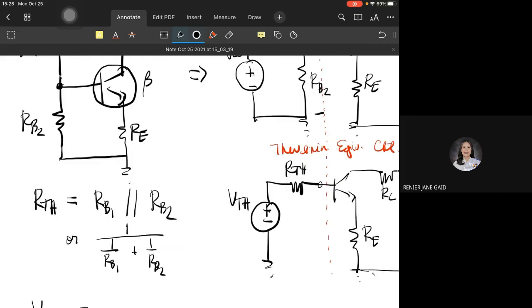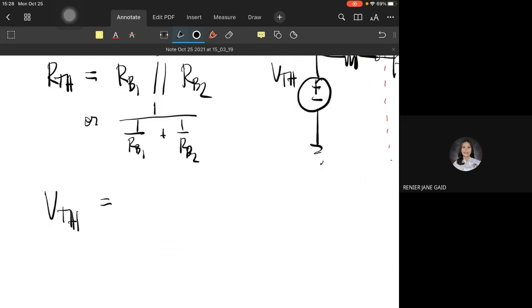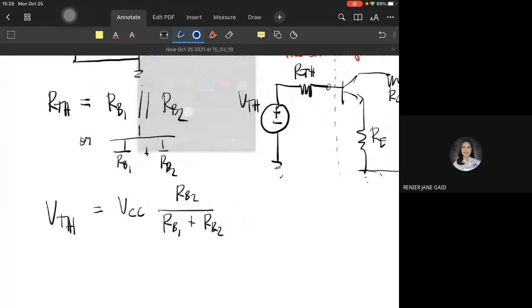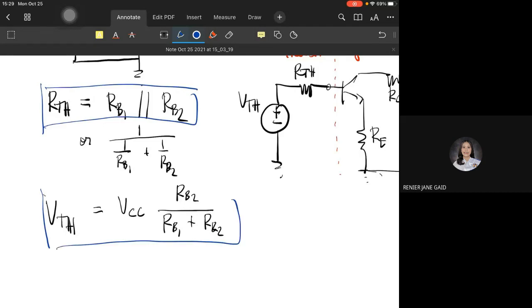So VTH is equal to VCC times R2 over R1 plus R2, that is RB2 over RB1 plus RB2. So these are our formulas for RTH and VTH.